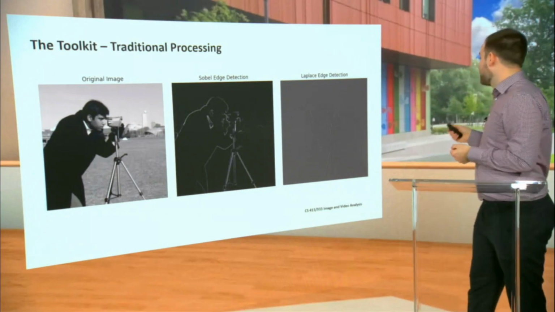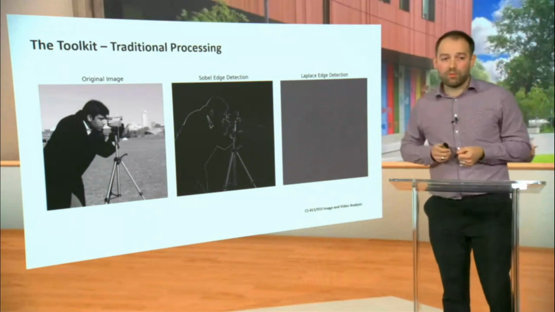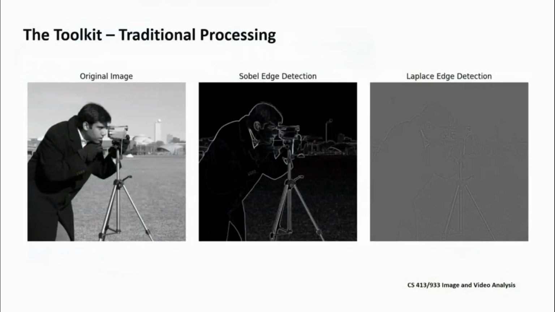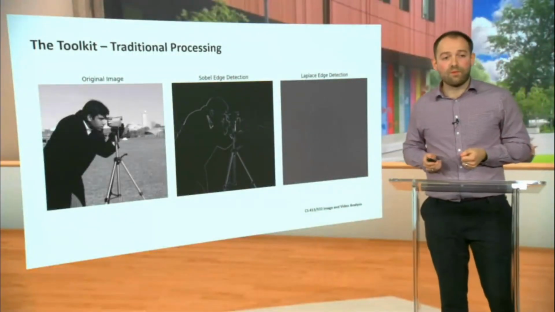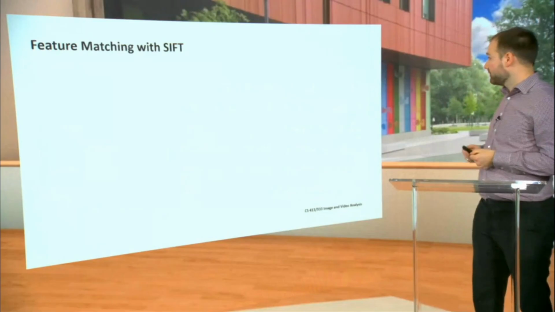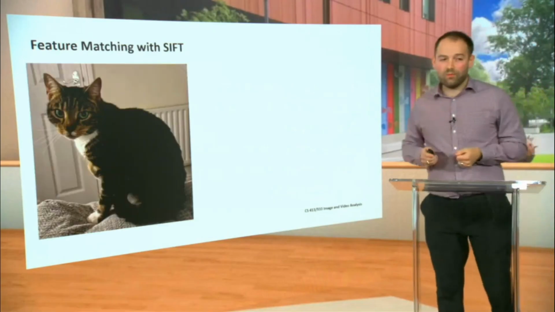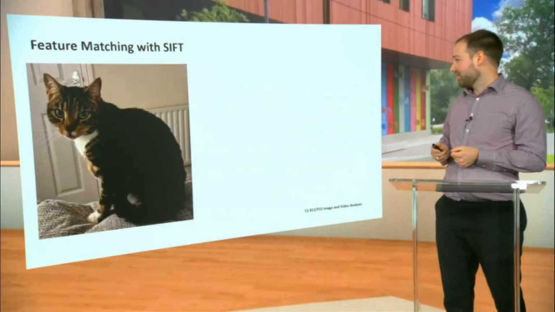And on the right, you can see we've got a similar filter, which is called the Laplacian filter. And both of these filters here are approximations of first and second derivatives, respectively. And actually, these filters form the basis of lots of image analysis techniques and of convolutional neural networks downstream with deep learning.